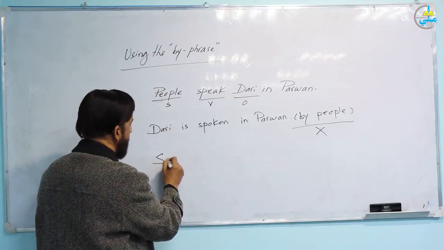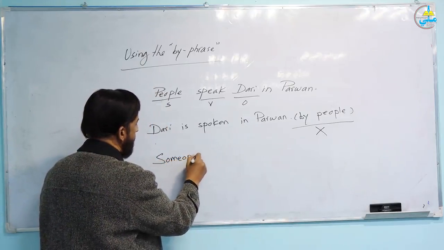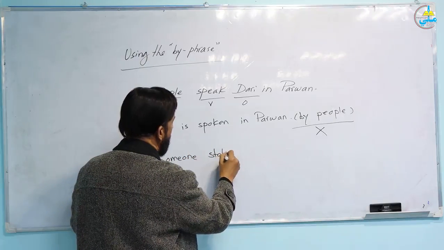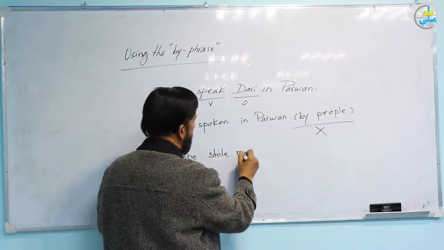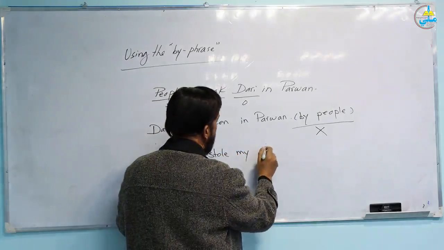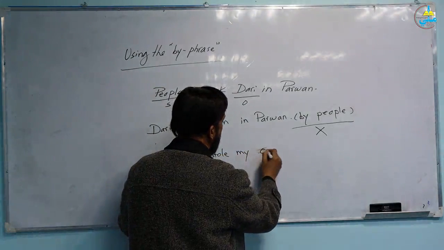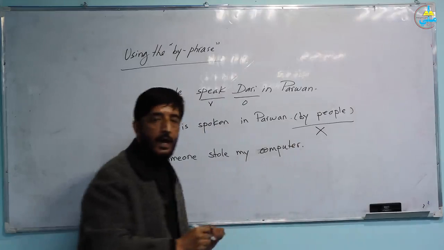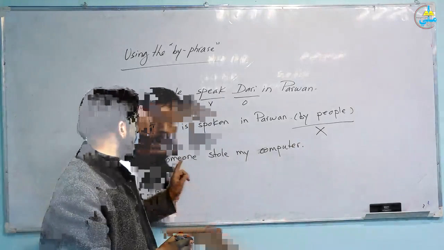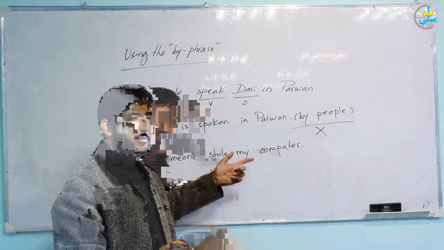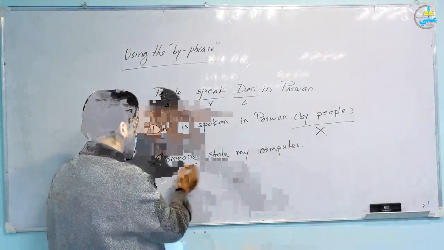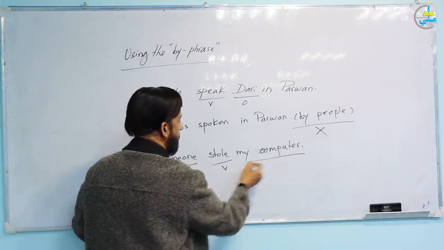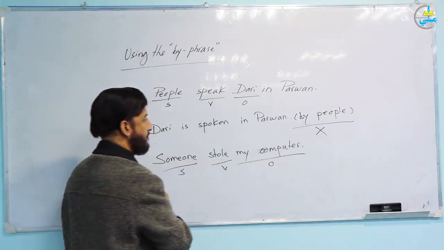Another example: someone stole my computer. Someone stole my computer. Someone is the subject. Stole is the verb. My computer is the object.